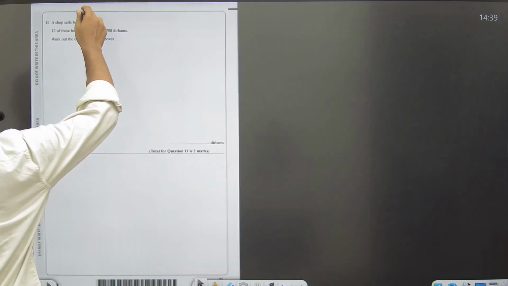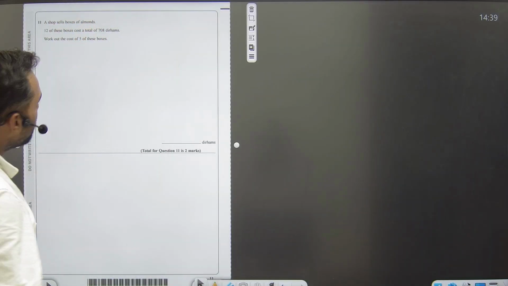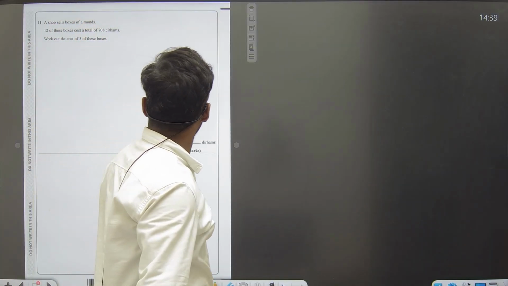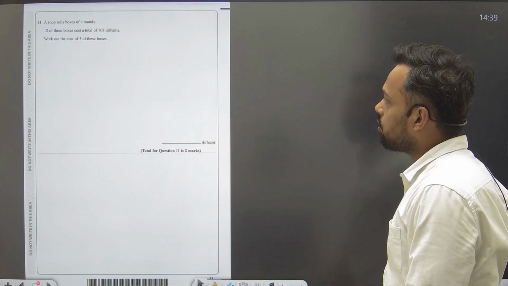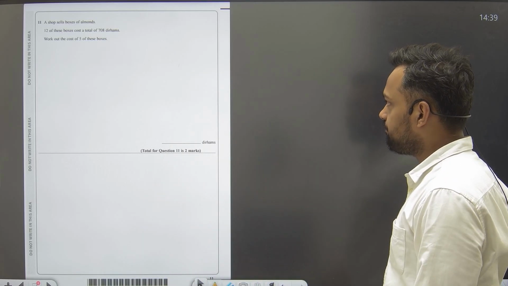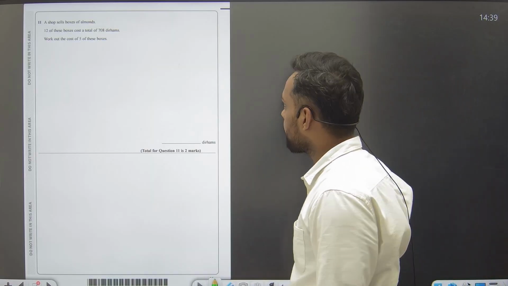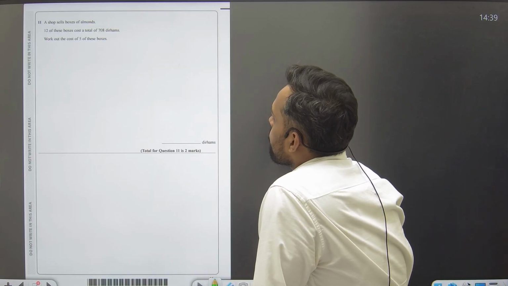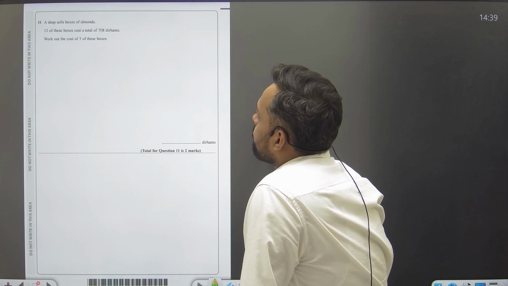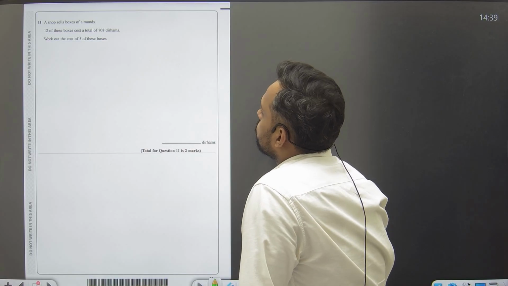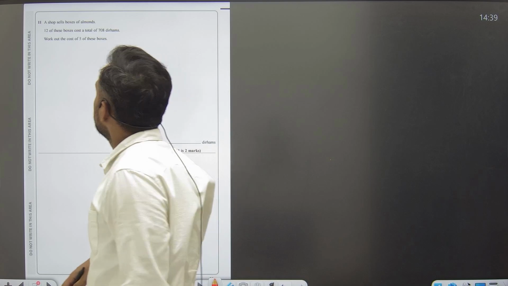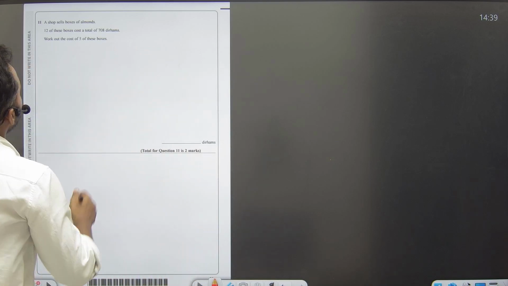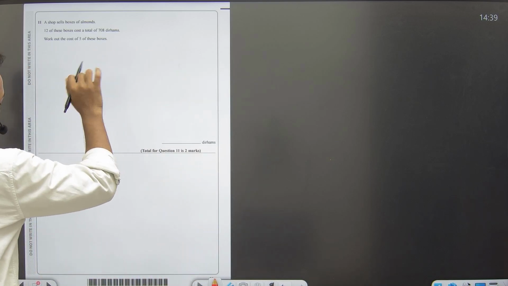A shop sells boxes of almonds and 12 of these boxes cost a total of 708 dirhams. Work out the cost of 5 of these boxes. Okay, see, we will be applying the unitary method, student.